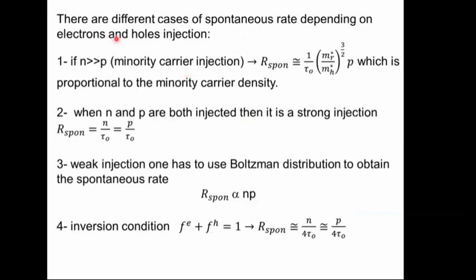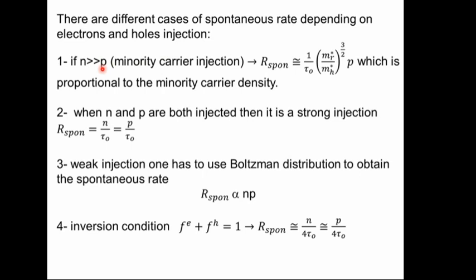Here we said there are different cases of spontaneous rate depending on electron hole injection. So we want to see what type of material we're talking about and how does this rate correspond to. If we're saying that N much greater than P, so in that case we're talking about N-type material. For N-type material, the spontaneous rate will depend on minority carrier.